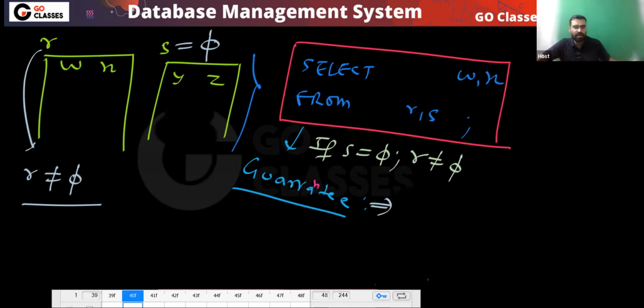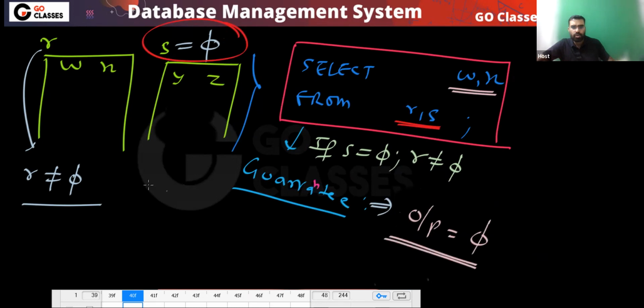Since S is empty, this cross product will be empty. So when you select, you will get empty, so your output will be empty. You can never get R back. So in this situation, our output is not equal to R.